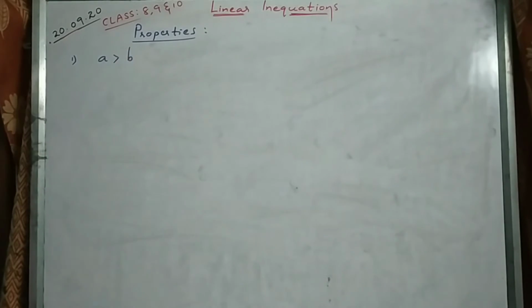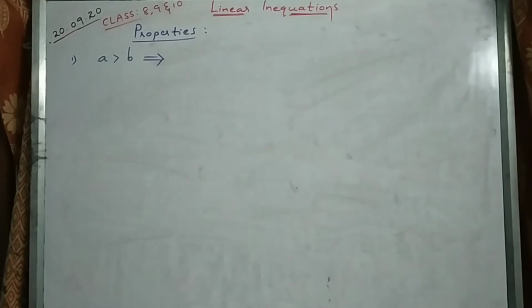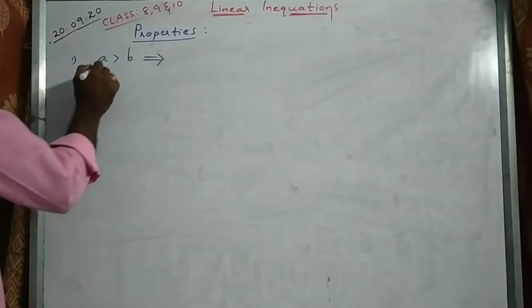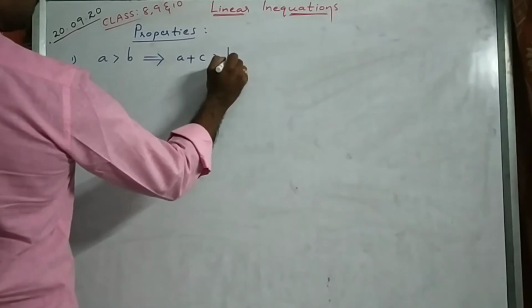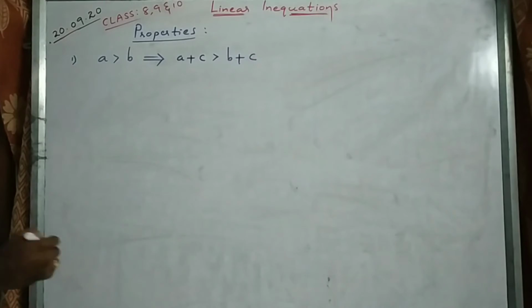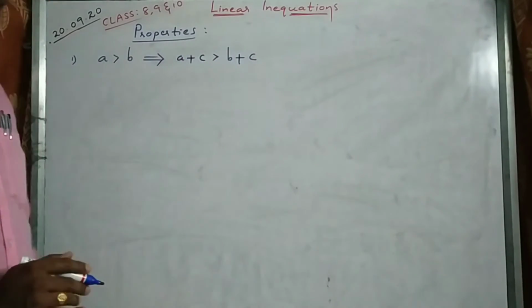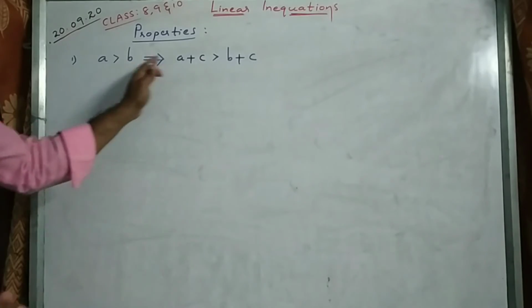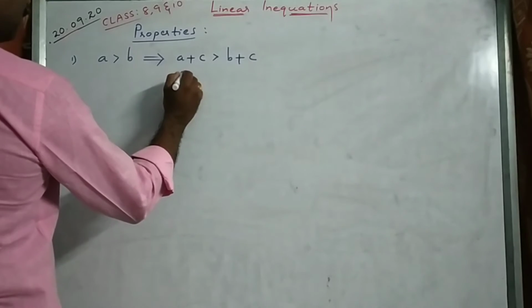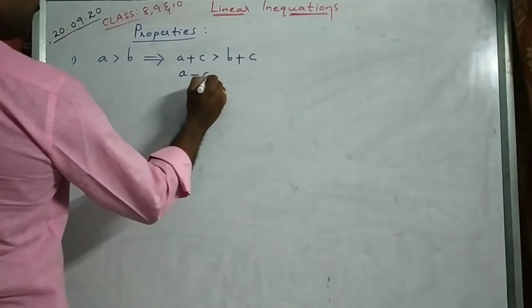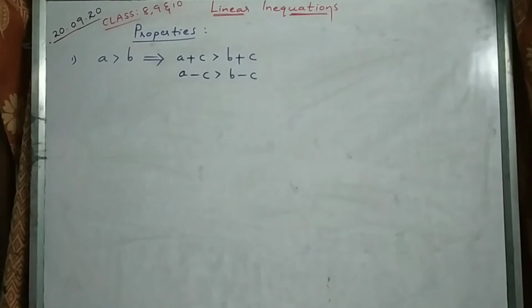First one, I'll take one inequation here. A greater than B. If A is greater than B, then we have some facilities here. We can add the same number on both sides, so there is no change in the inequality symbol.